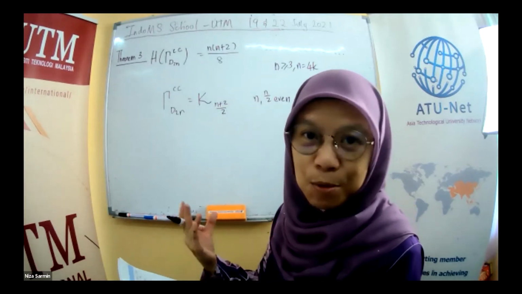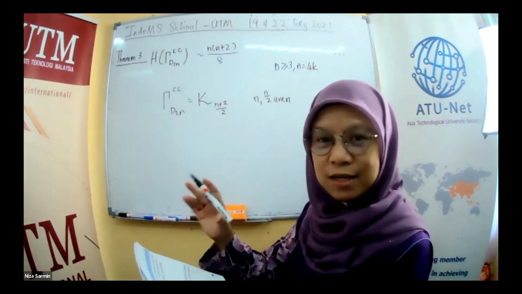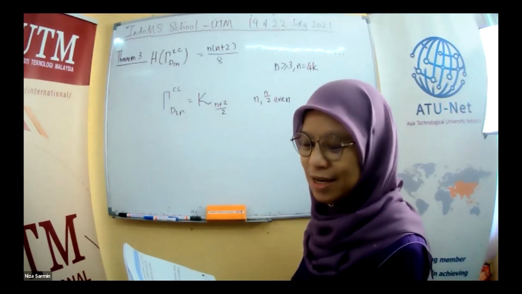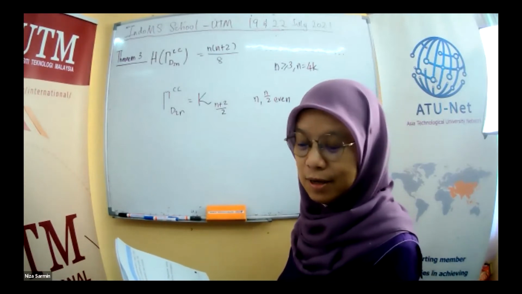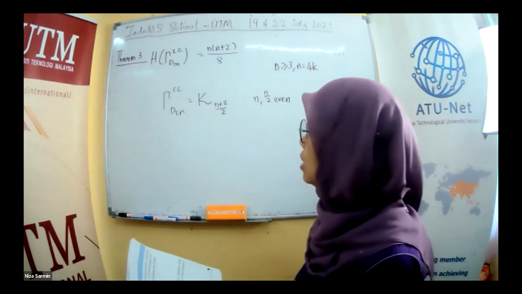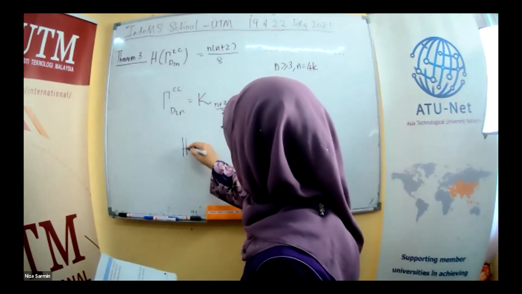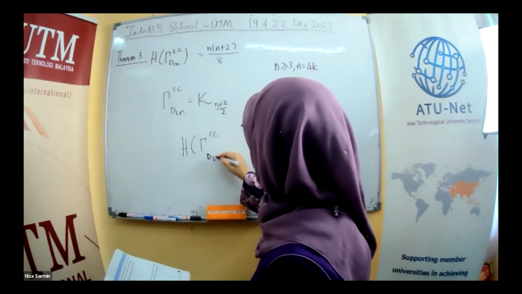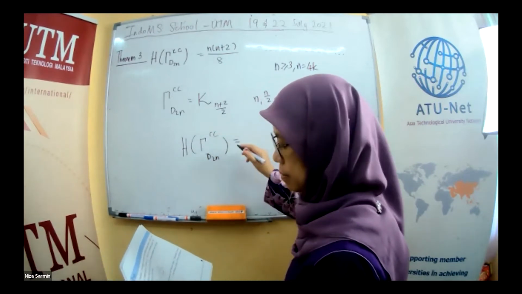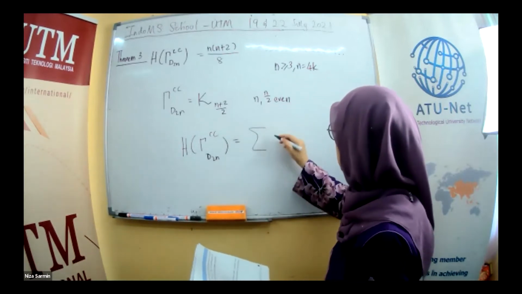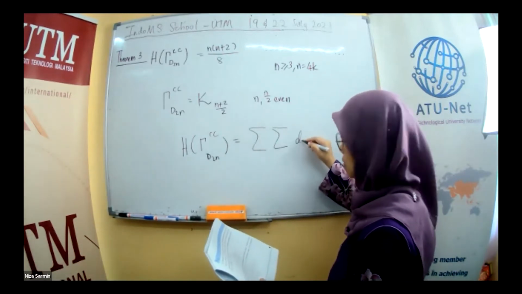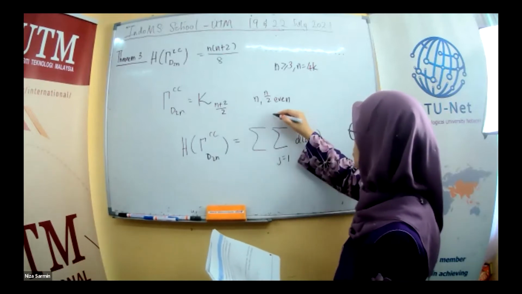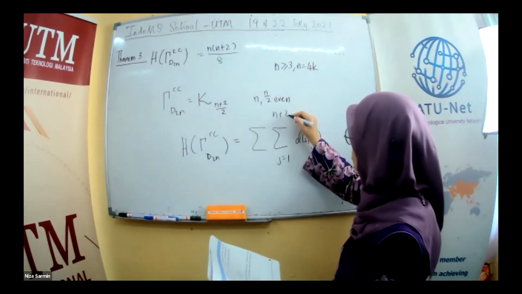So since it's a complete graph, the reciprocal distance is just the distance between the two vertices, right? So by definition of the Harary index, we have just the distance. So we have how many? (n plus 2) over 2.